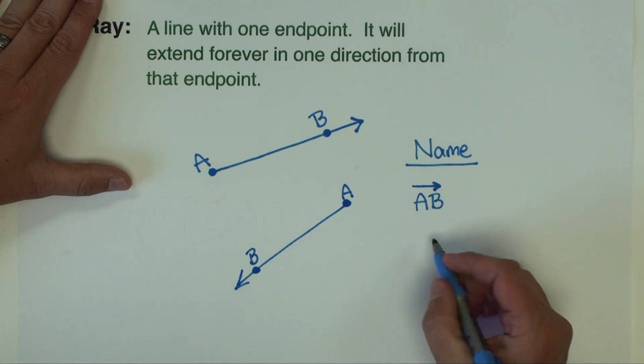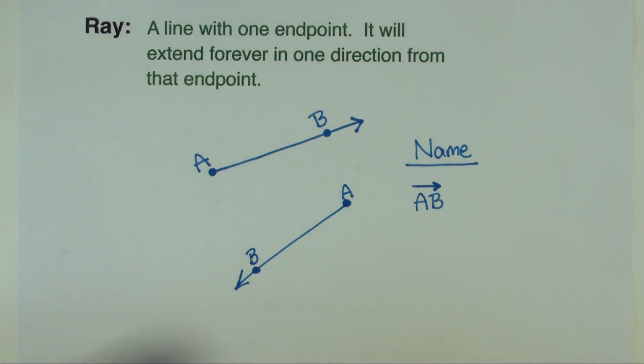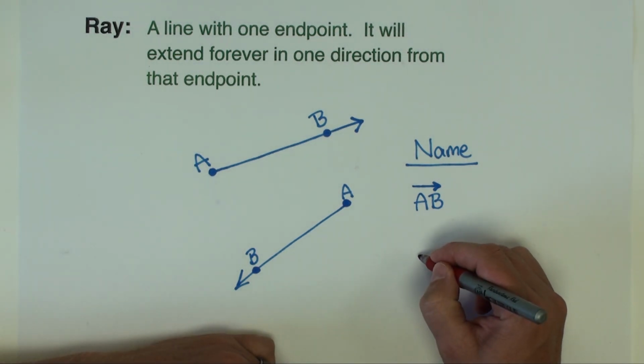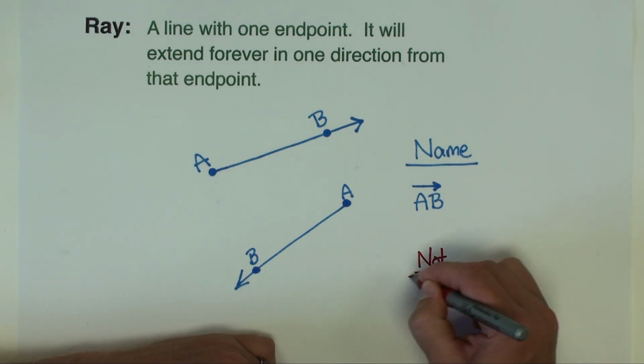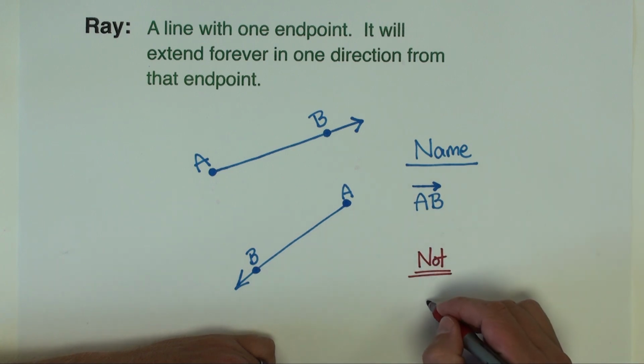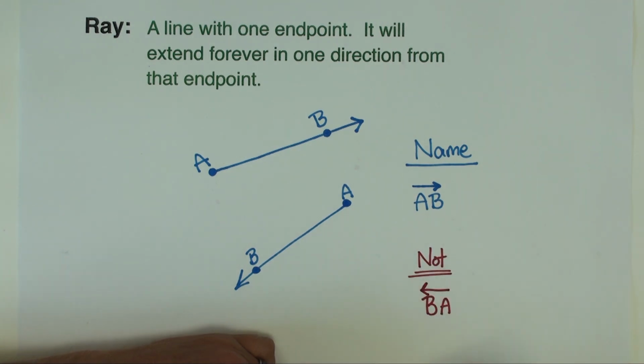Okay. What we're not going to do, so let's write this out because I see this sometimes. Do not call this ray AB that way. The mistake in this is that we don't want the arrow pointing to the left because when we read, it's pretty natural to read left to right. That's how we read.